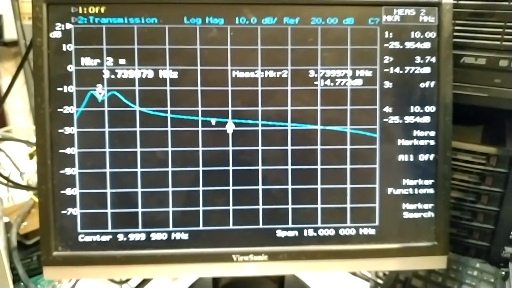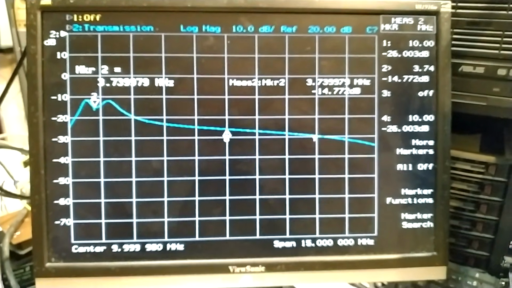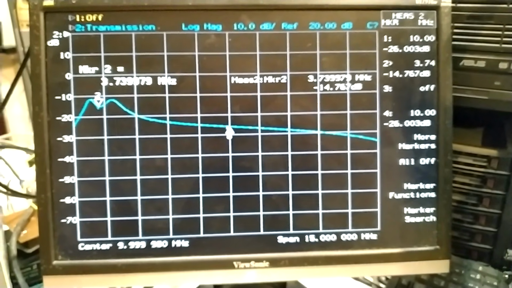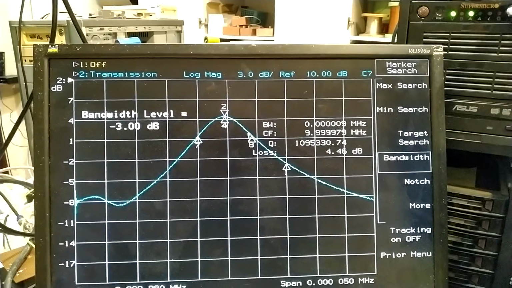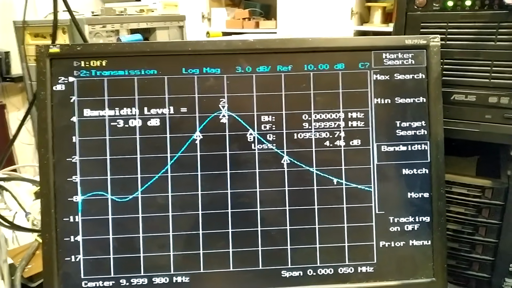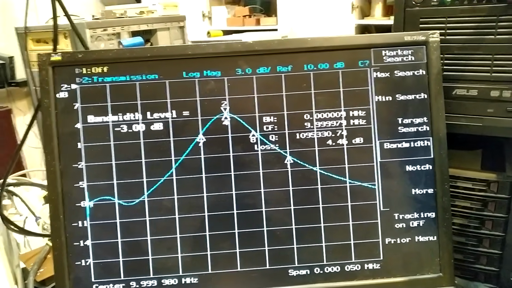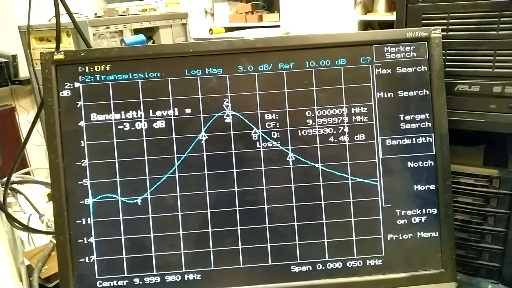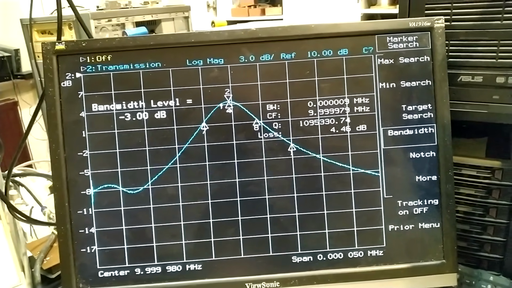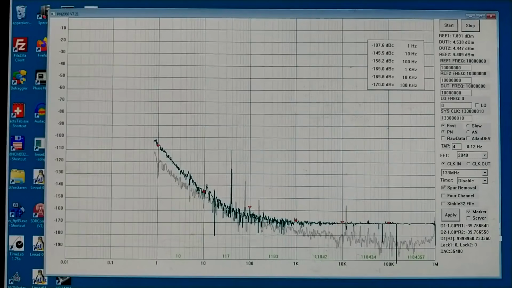And this has reduced the resonance to well below where there could be a problem. When I look at 10 MHz, I don't see much influence of that series resonator at 3.7 MHz. Q is still 1,095,000.